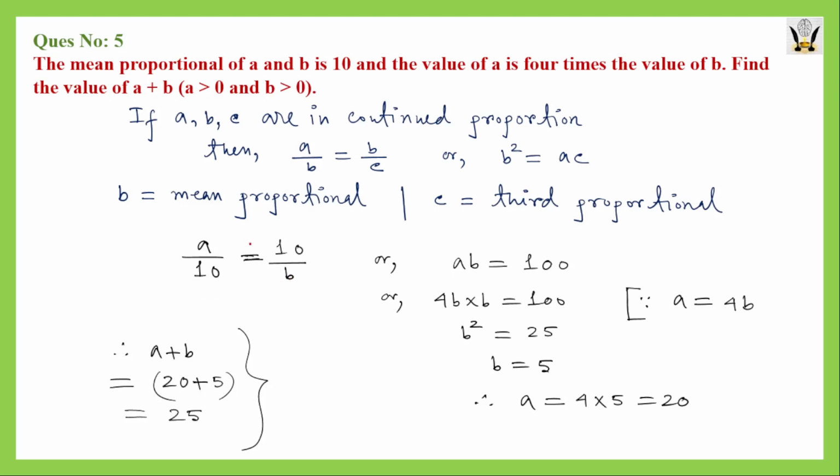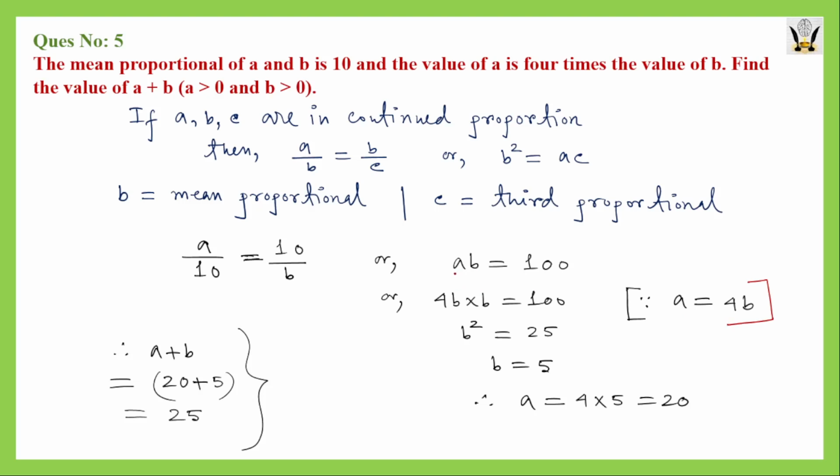Now based on this condition, we can easily say that ab will be 100. Now we have another condition here, that the value of a is 4 times the value of b. This is the relationship. Now ab is equal to 100, that we have already obtained.